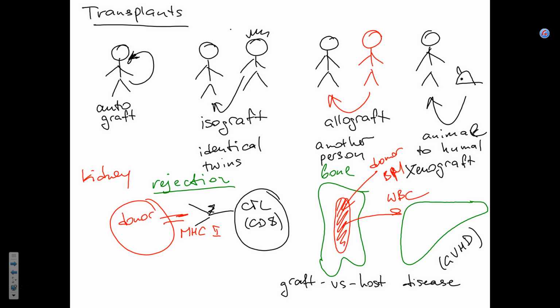Okay, I mentioned to my micro class the case when several people got the organs from a person who had rabies, and the recipients were royally screwed up. By royally screwed up, I mean they all died, all the recipients. One of the major, if not the major cause of kidney transplant failure is cytomegalovirus.